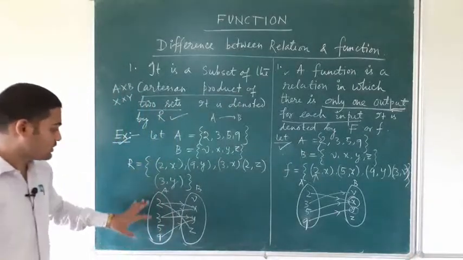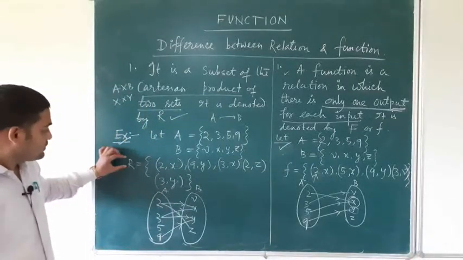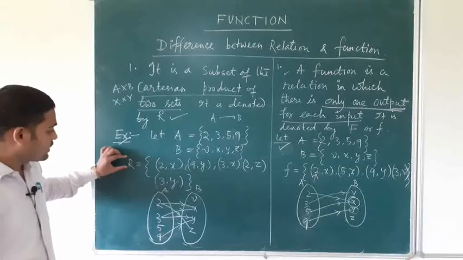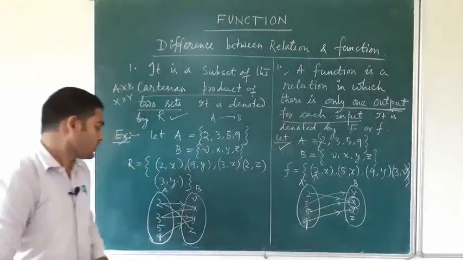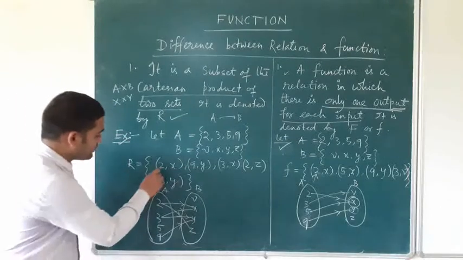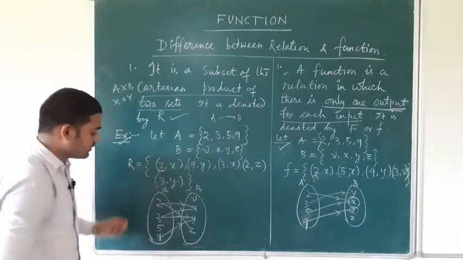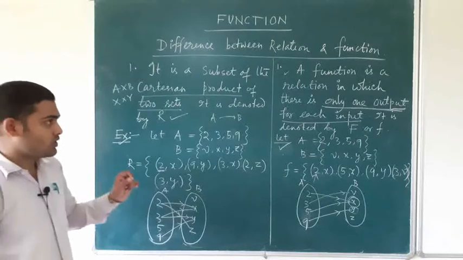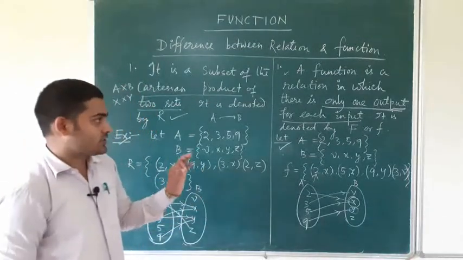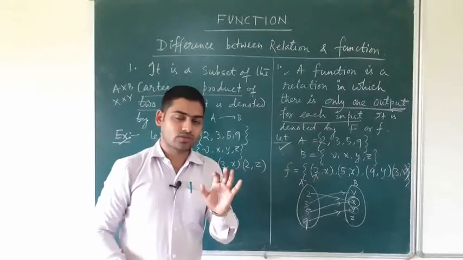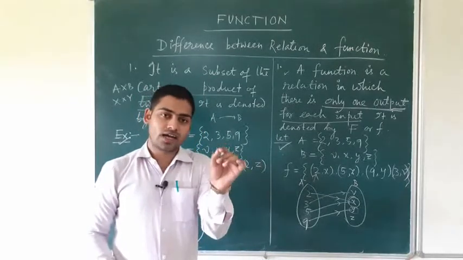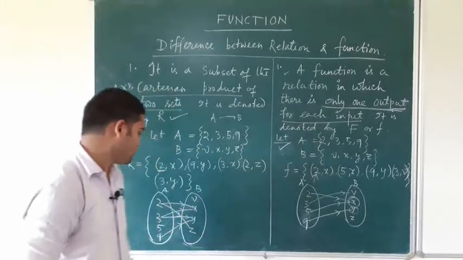But now you see, is this relation a function or not? Here, for each input, if you are getting exactly one output, then we can say that relation is a function.